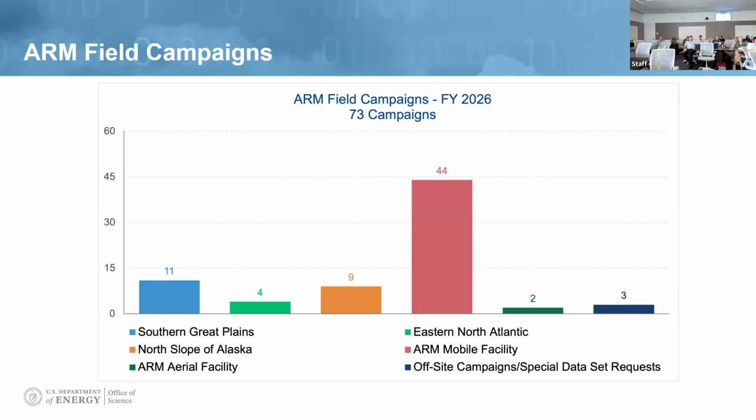And as an ARM mobile facility, ARM provides a lot of proposal-based field campaign opportunities where a PI or co-PI can propose their own field campaigns in remote or different in situ or remote observatories, and then collect this data. Over this fiscal year, there were about 44 ARM mobile facility campaign proposals, and a decent amount of aerial facility proposals. And then all the fixed sites are going around. There are a lot of field campaigns going on, right?